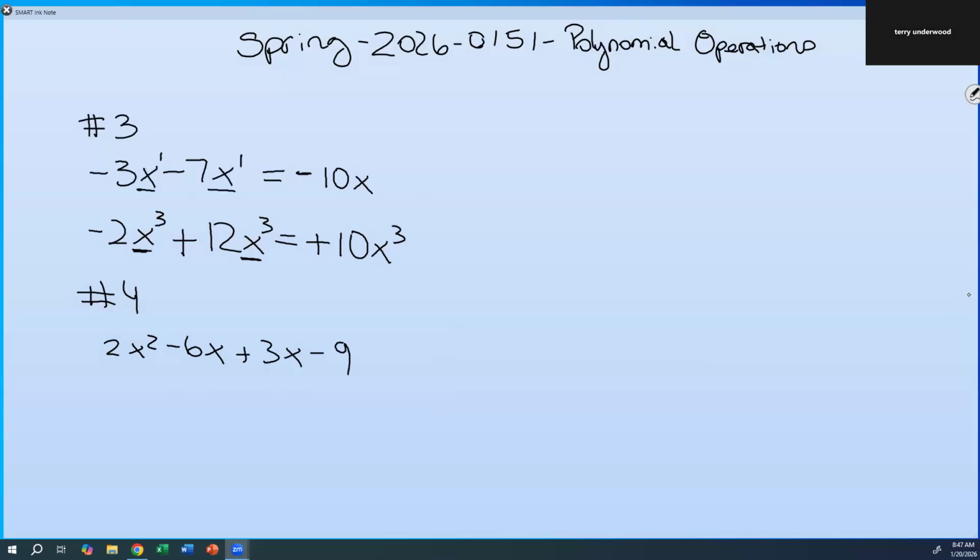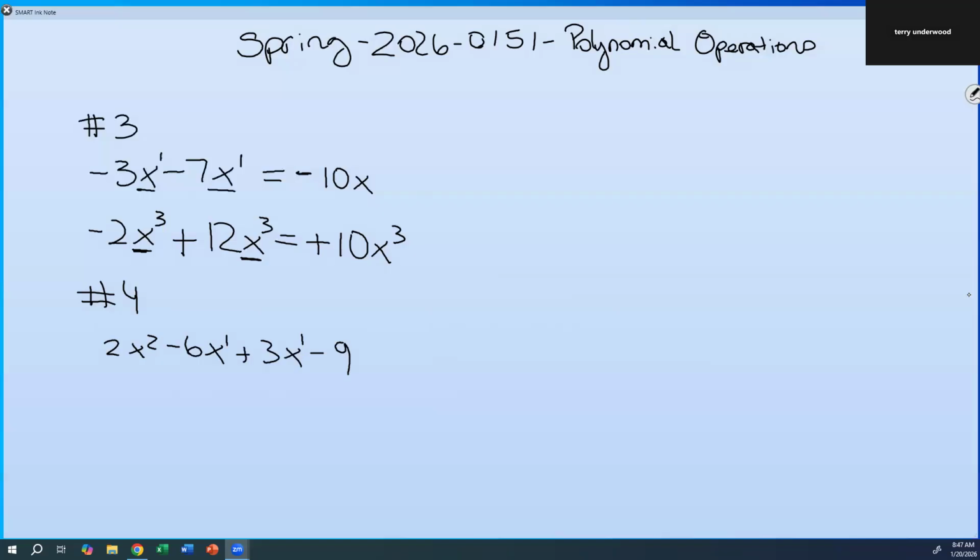No, again, in this polynomial, because we have more than three terms, remember the powers of the middle terms are 1 because they don't have a power, so you can say that the default power is 1. And as you can see, I can do nothing with 2x squared and nothing with negative 9 because there are no like terms to combine them.